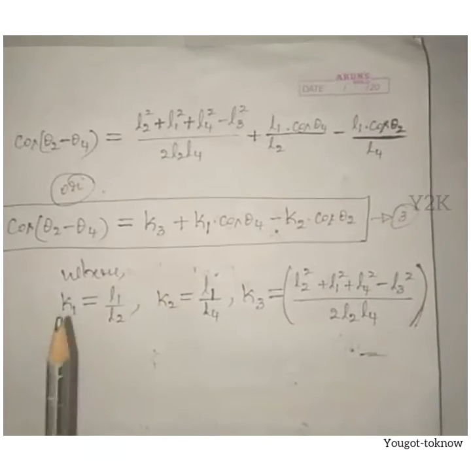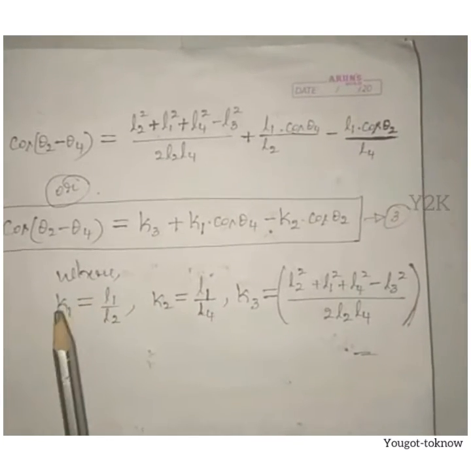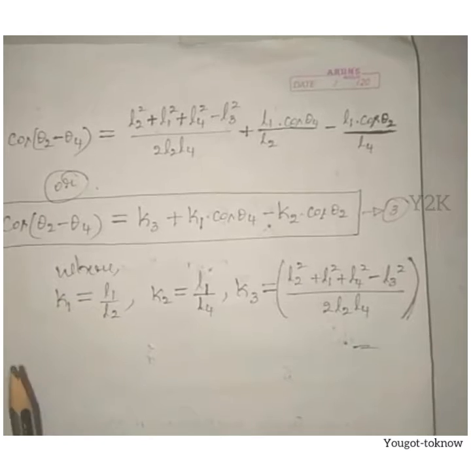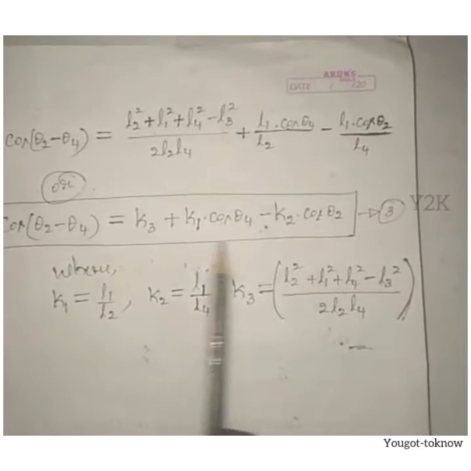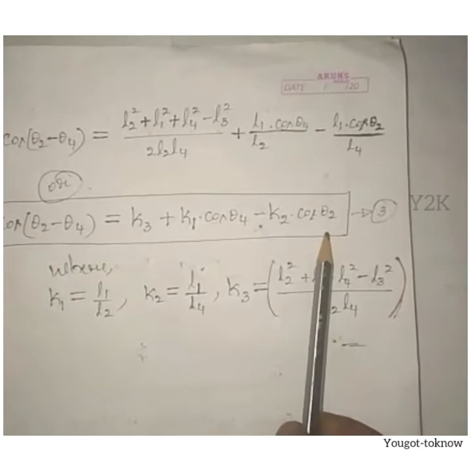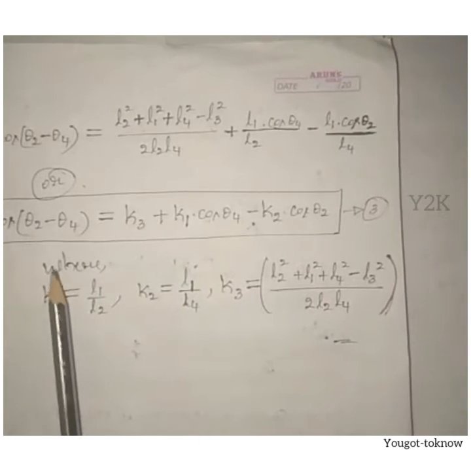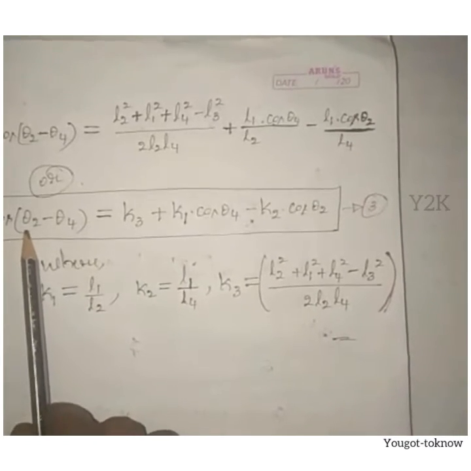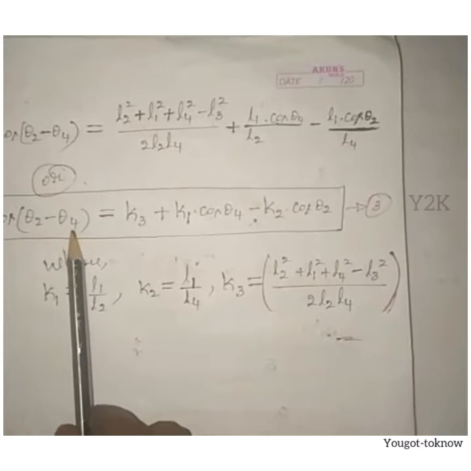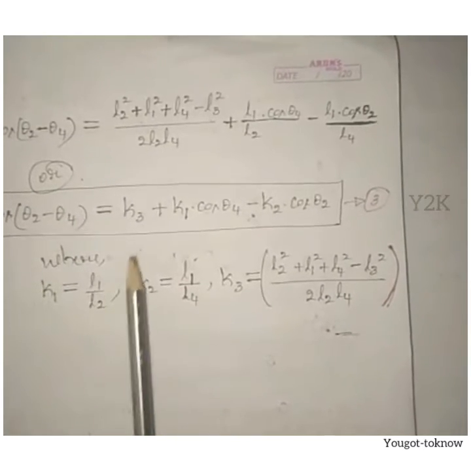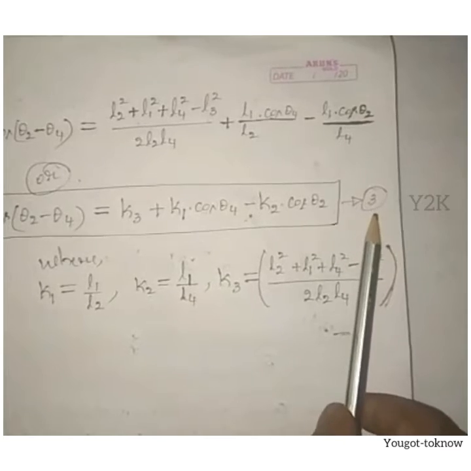As we have derived the Freudenstein equation for the 4-bar mechanism, this is the Freudenstein's equation for the 4-bar mechanism. We derived this equation with respect to the input crank angle and output follower angle. We call it equation number 3.